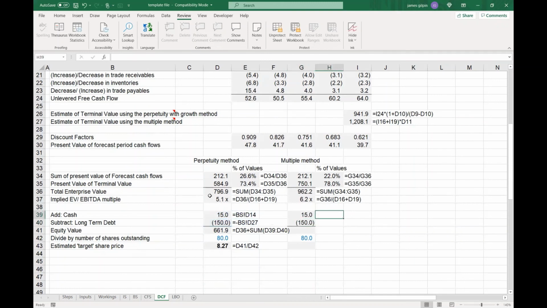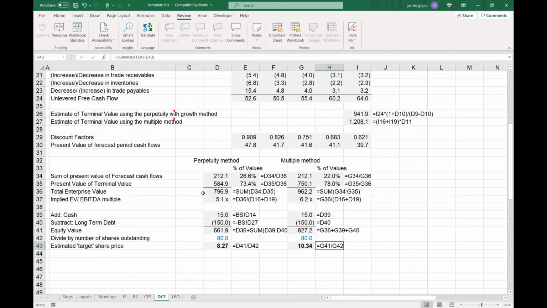The only thing that's different really is the value attached to the terminal value here. I'm just copying those formulas across. And you can see, as before, I end up with a higher valuation using the multiple method because I've got a higher terminal value.